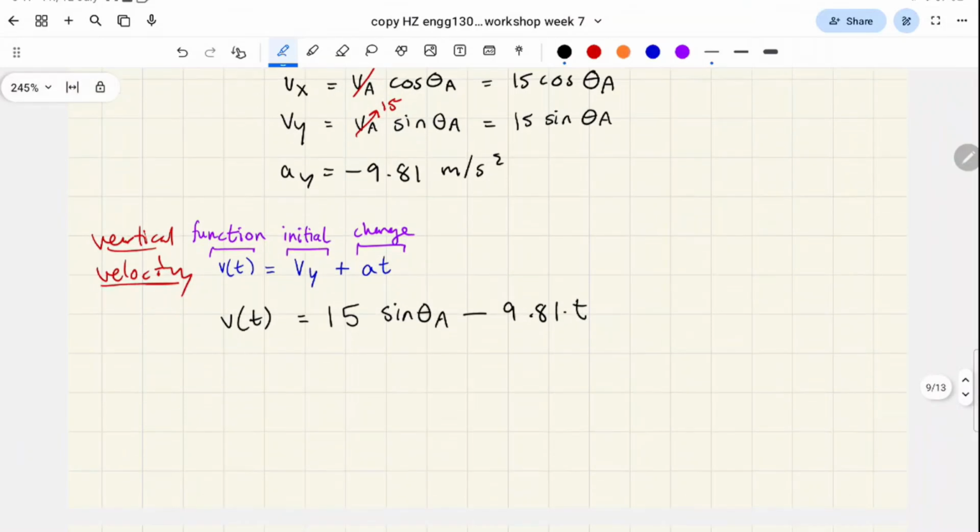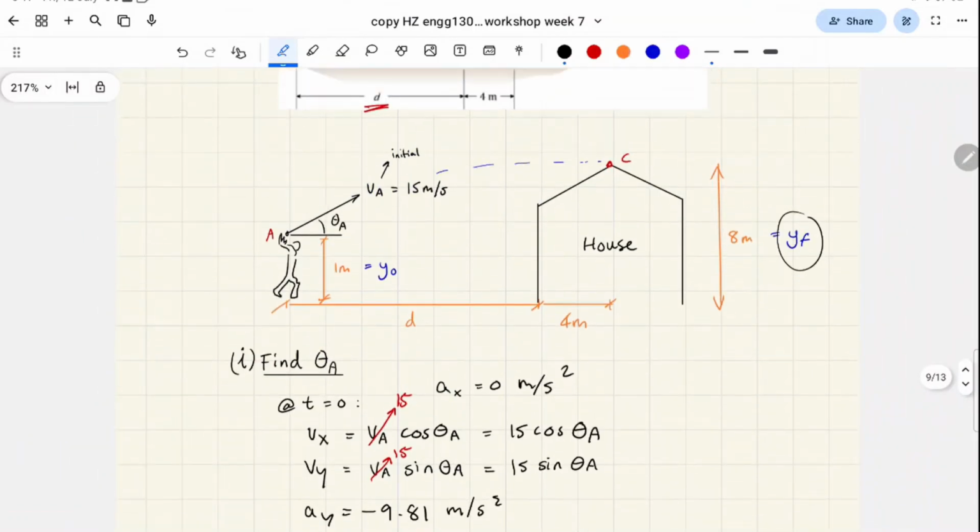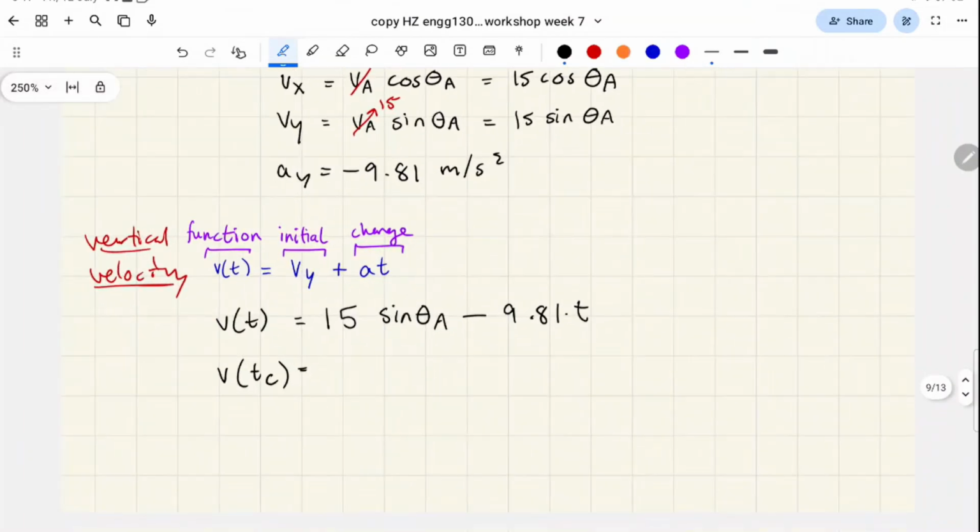At the apex of the throw, let's call it Tc, because it's the time it takes to reach that point in the house, the velocity is 0 meters per second. So that's the apex of the throw.